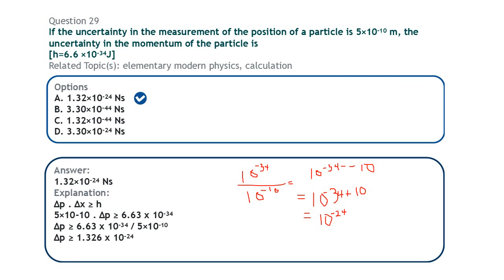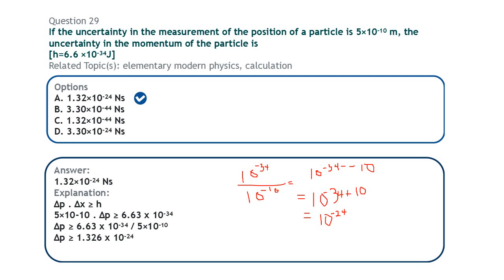Let me write this out. I have 10 raised to power minus 34 over 10 raised to power minus 10. This will be equal to 10 raised to power minus 34, minus this minus 10 that I have here.